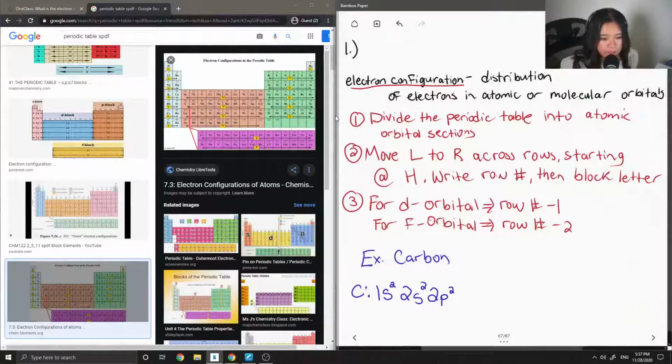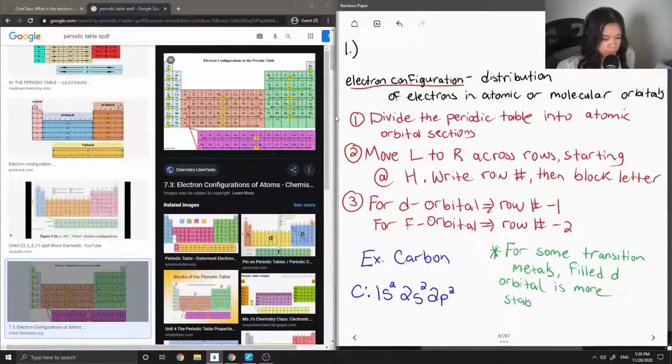I'll also write a note that for some transition metals, a filled d orbital is more stable than a partially filled one.